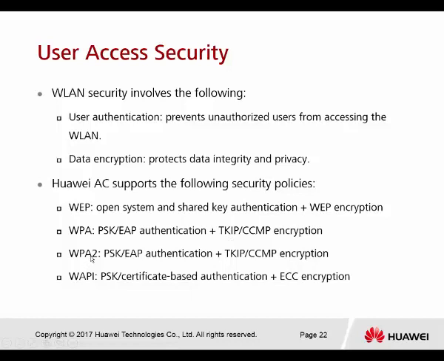WPA2 is the enhanced version of WPA. They're both doing the same authentication and encryption. And the last one, WAPI. WAPI uses a pre-shared key, or you can use certificate-based authentication. For encryption, it uses ECC.